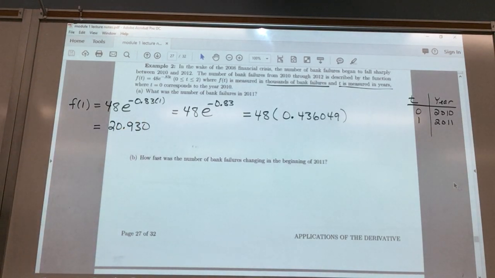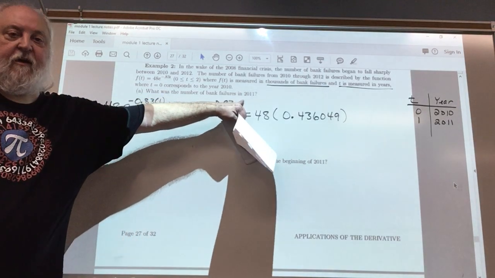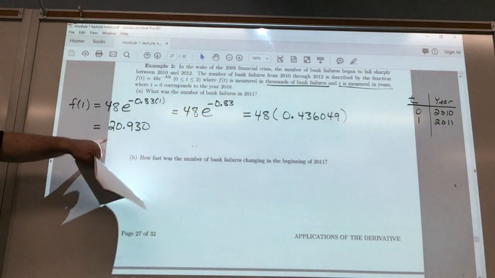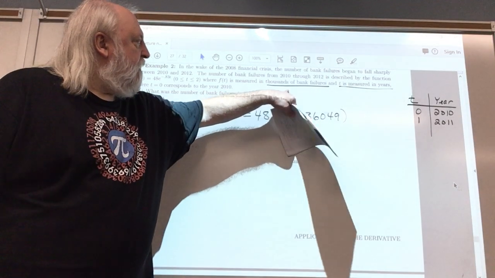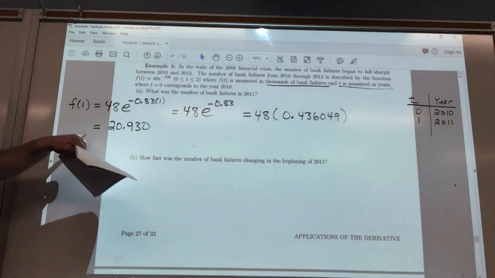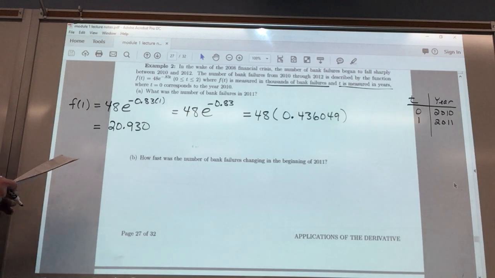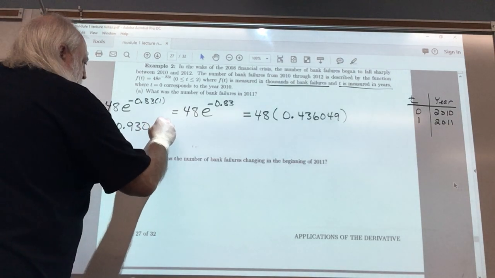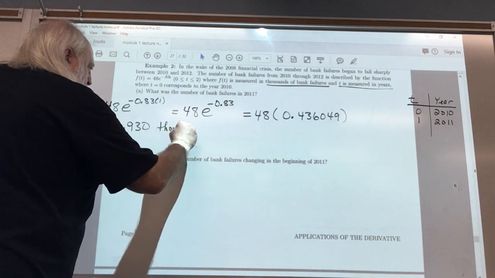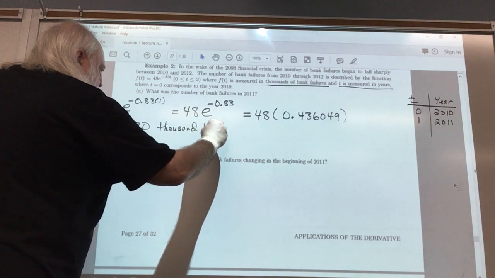20.930 what? Right? It asks, what was the number of bank failures in 2011? Well, remember, f of t is in thousands of bank failures. So the answer is 20.930 thousand bank failures.